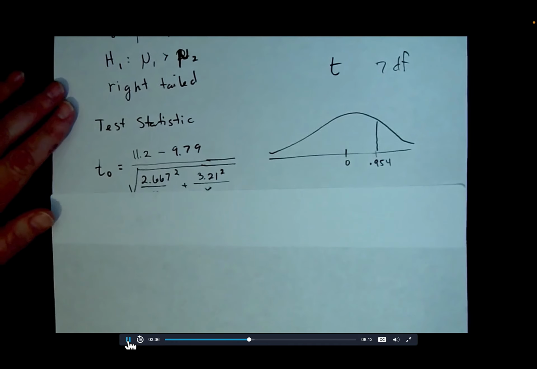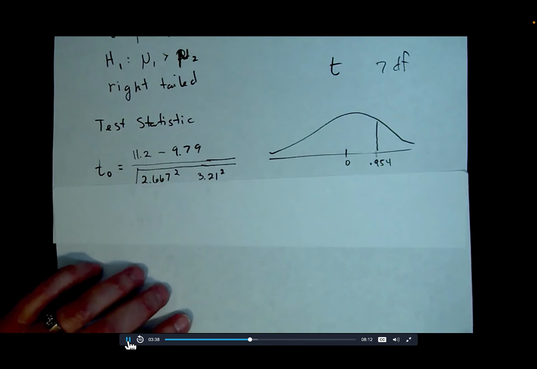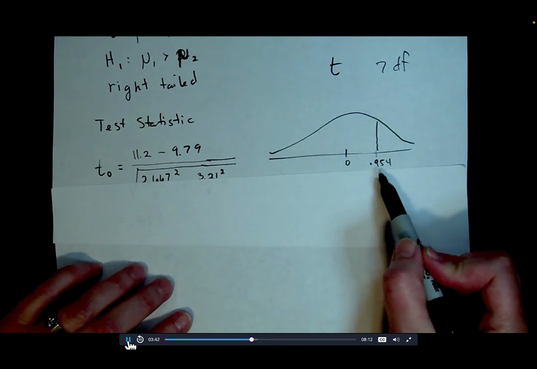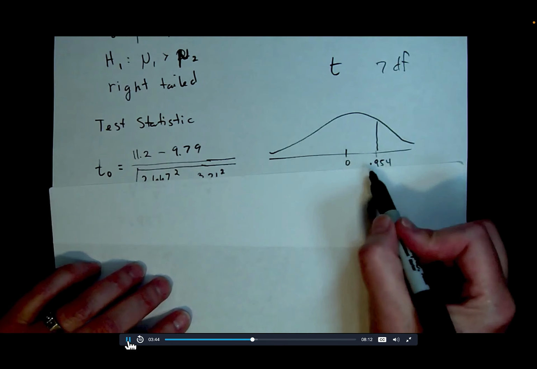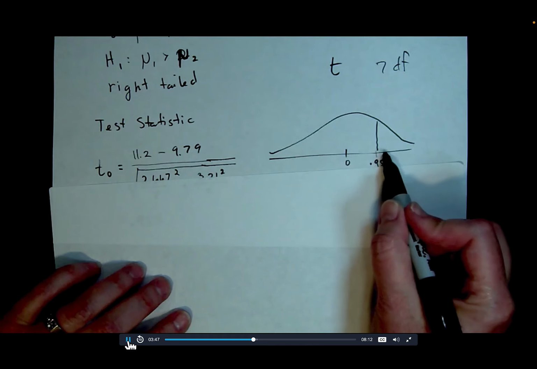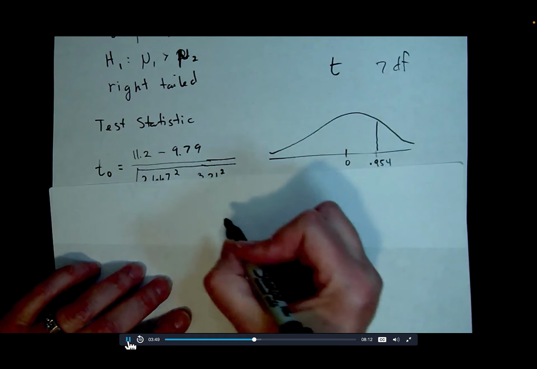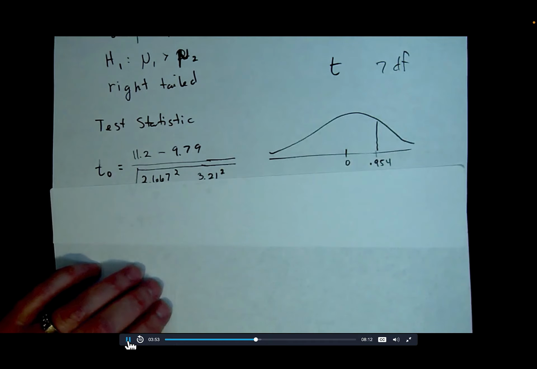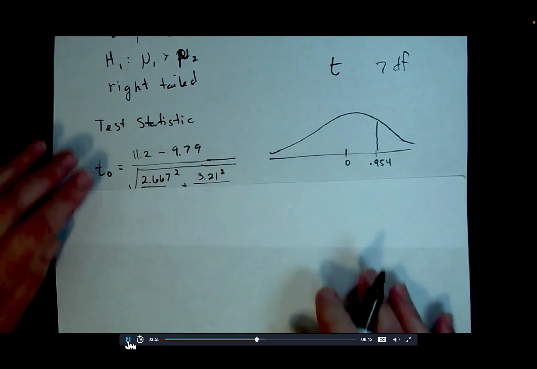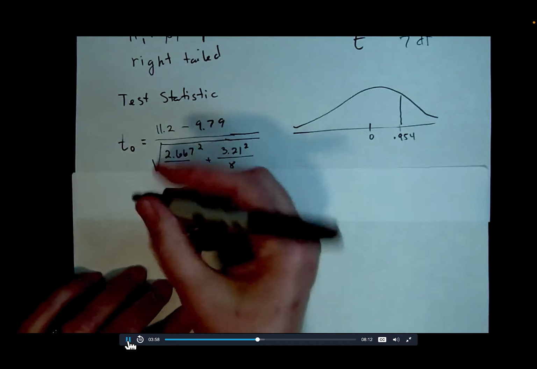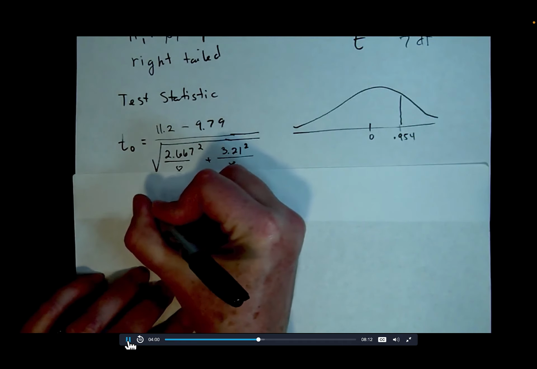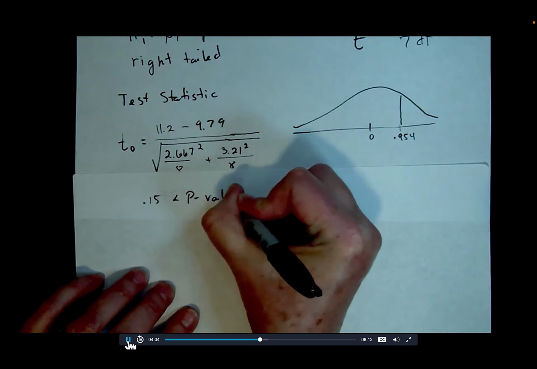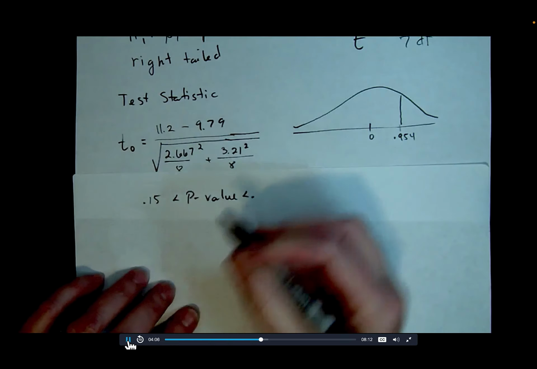But I want to point out just a slightly different approach. 0.954 is between two t-values that give me the larger one gives me 0.15 area, and the smaller one gives you 0.20 area. So instead of picking one, what you can do is say that the p-value is between 0.15 and 0.20.